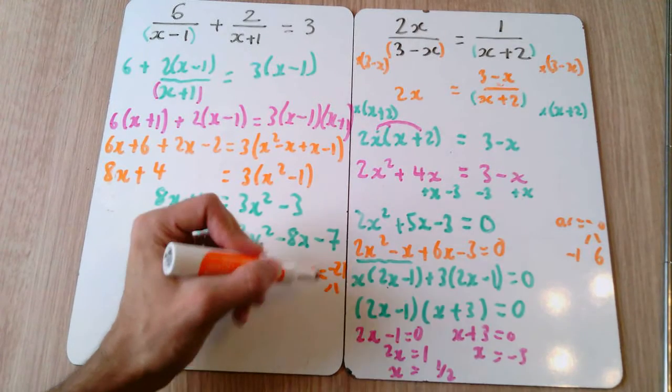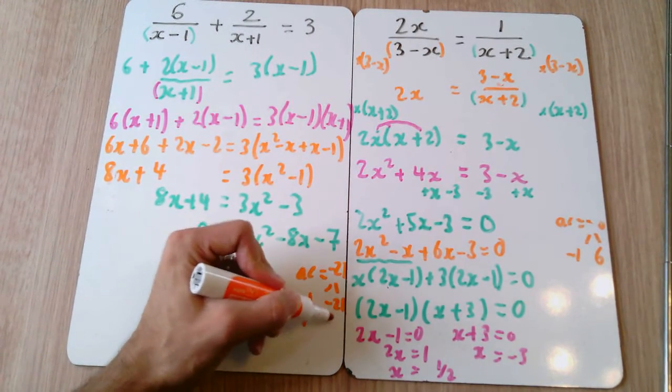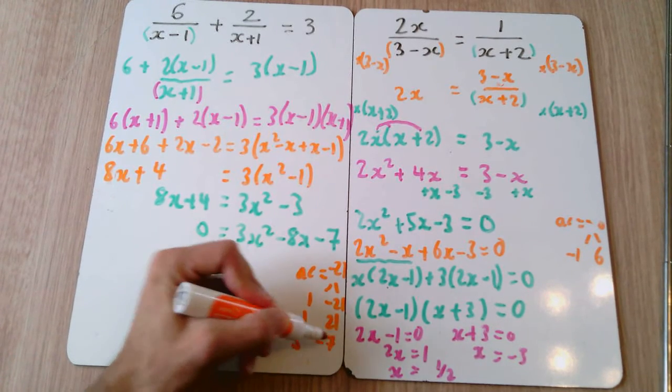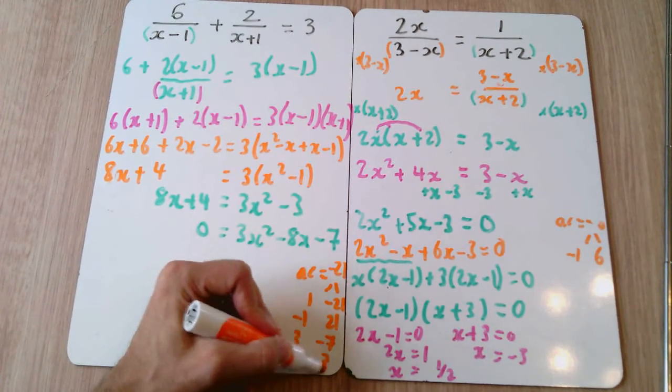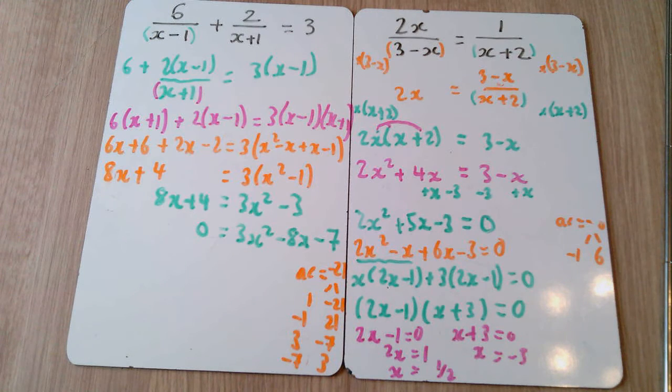The only values that multiply to make -21 are 1 and -21, -1 and 21, 3 and -7, and -3 and 7. Now, none of these combinations add to make -8x. Therefore, we have to use the quadratic formula.